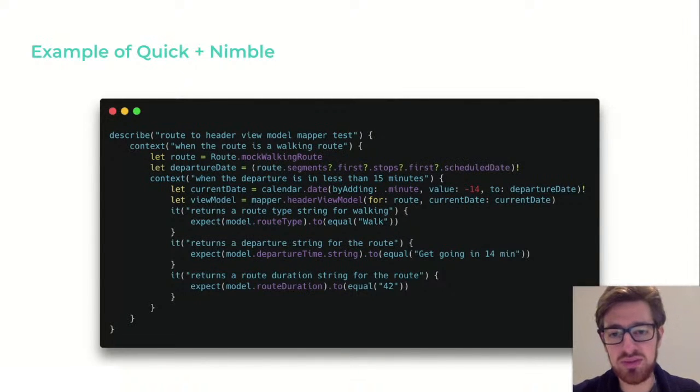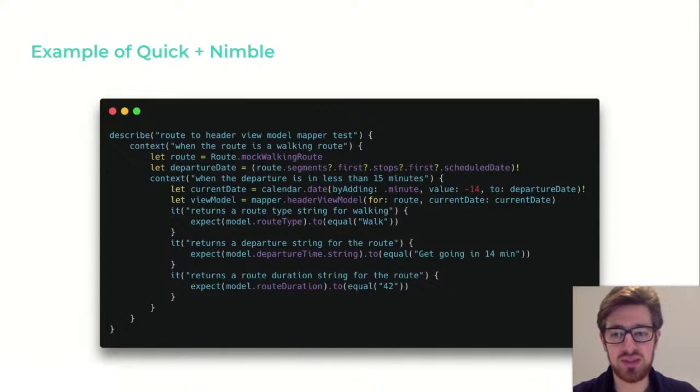So here's an example of Quick and Nimble. This is one test where we were testing a mapper, and that it's mapping one model to another. So we have this nice syntax: describe route ahead of view model map test, context when the route is walking route. Nice human readable syntax, and that's very much based on RSpec.